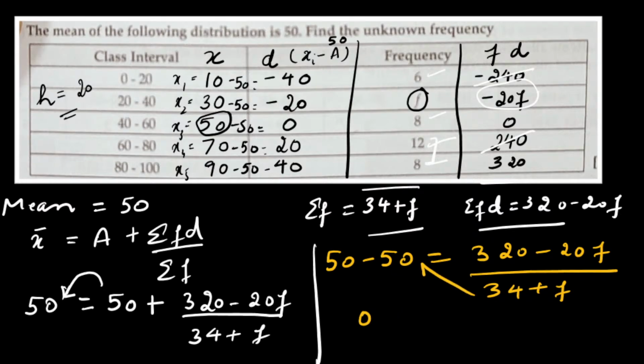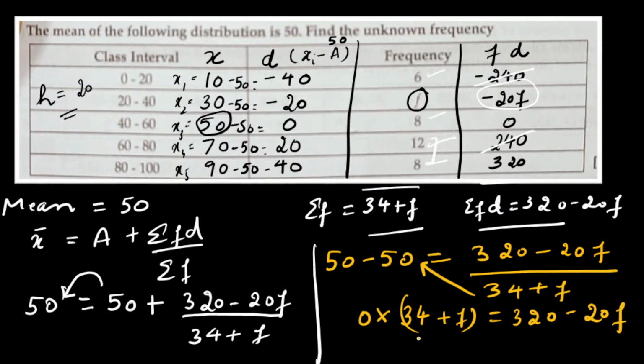And whenever a fraction is there, we have to shift the denominator to the other side in multiplicative form because here it's getting divided. So 0 into 34 plus f is equals to 320 minus 20f.